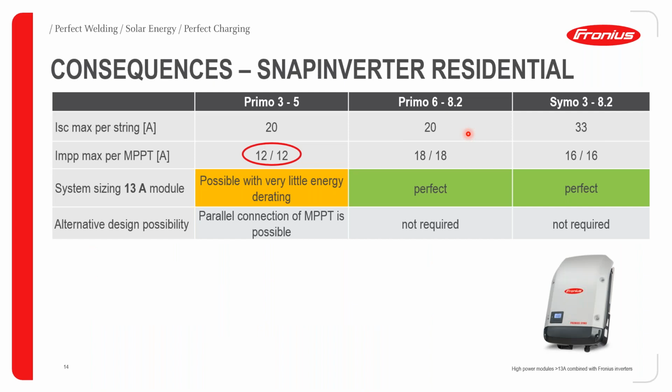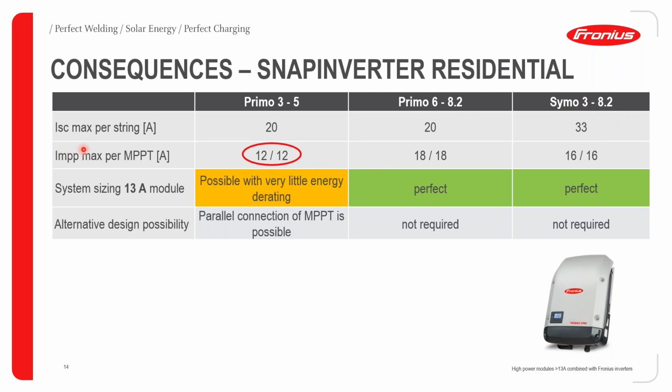Having said that, let's look at the consequences of using these higher power modules with different Fronius inverters. So let's look at, for instance, Snap inverters for residential use, and we are looking at the Primo 3 to 5 kilowatts. Then we have the Primo 6 to 8.2 kilowatts, as well as the Symo 3 kilowatts up to 8.2 kilowatts.